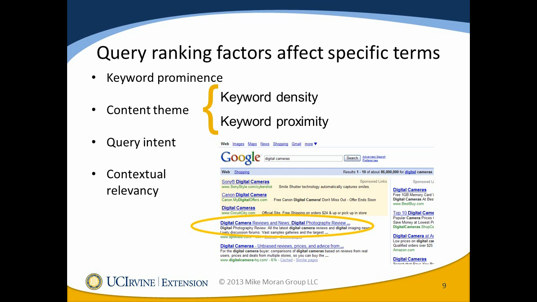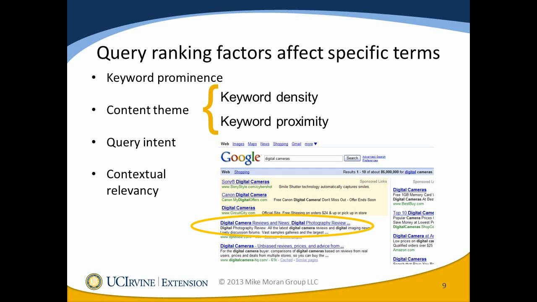What's happened in the last few years is search engines have gotten smarter, and they know that pages that are really about a certain subject tend to have other related words, not just the words digital cameras, but also perhaps the word megapixel or photography. And so the search engines start to look to see whether those words are there.